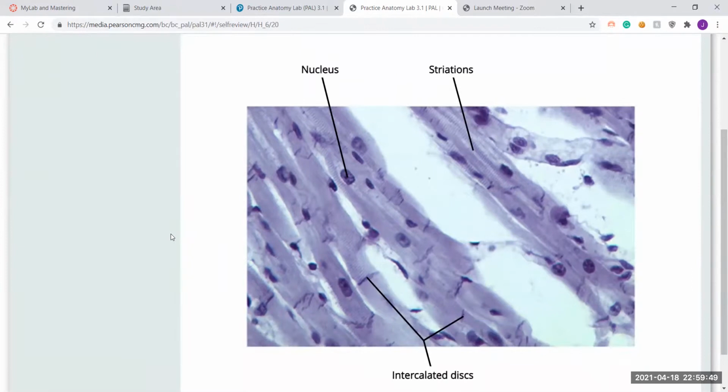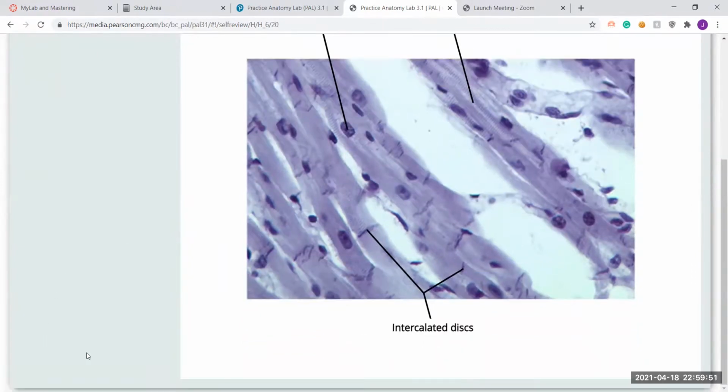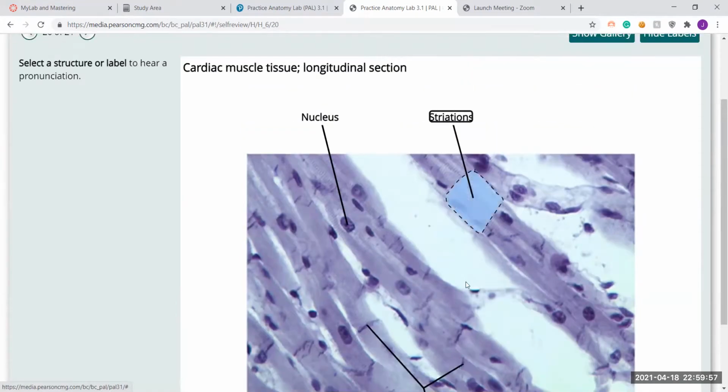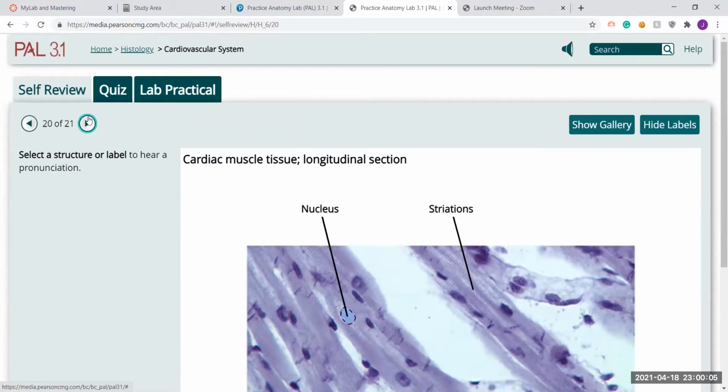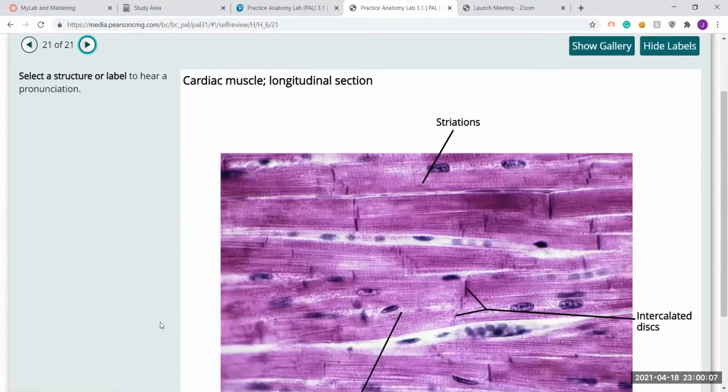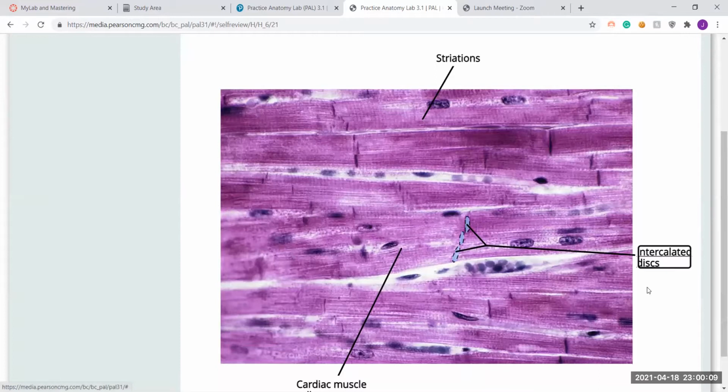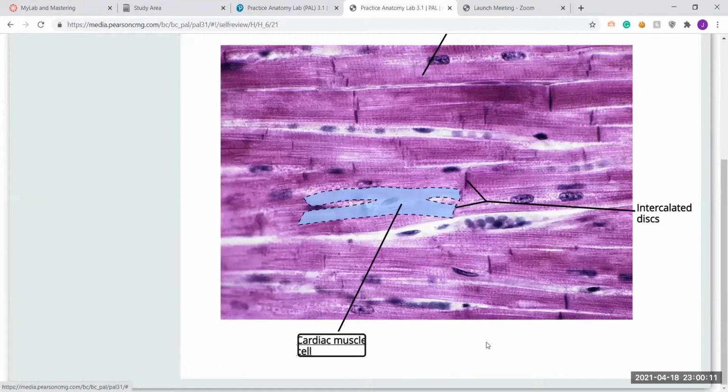Here is an even more highly magnified view, and you can see the intercalated disc. This cell and this cell are connected here, another here, and you can see the striations and the nucleus of the cells. Cardiac muscle cells are sometimes multinucleated, sometimes uninucleated. Here you go: striations, intercalated disc, and the cardiac muscle cells.